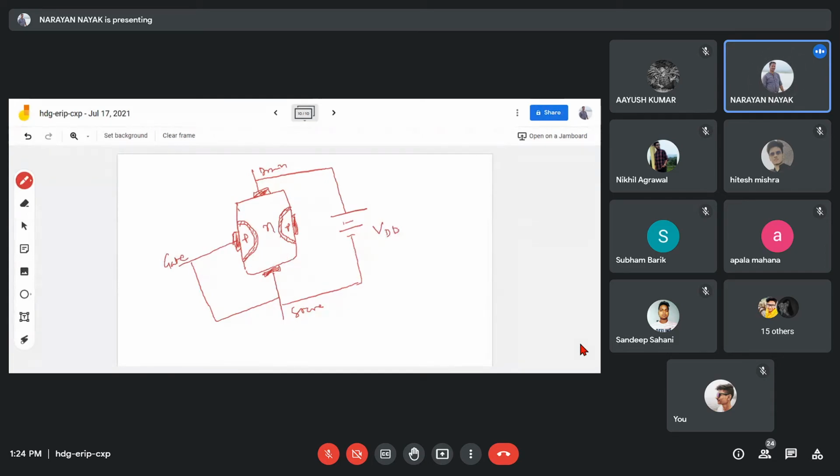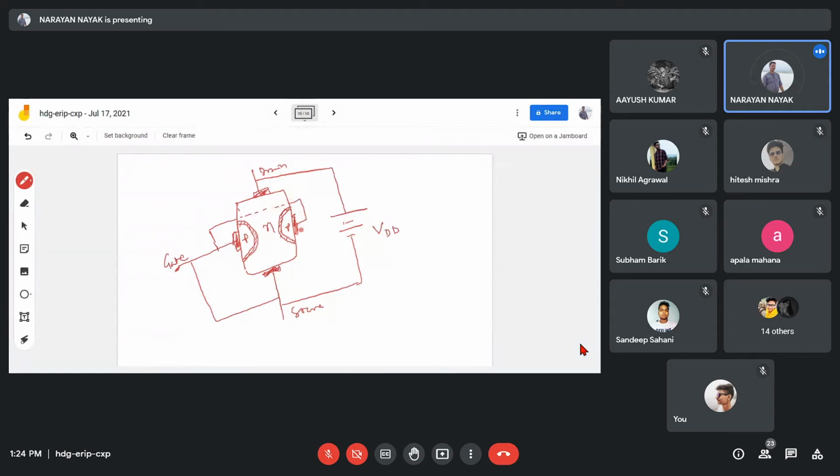No problem. You know that this is the input section, where you are supplying the signal here. From the input section, there is a connection to the output side also. This is the output.